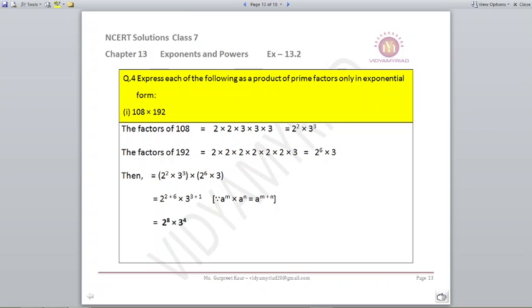Same way, the factors of 192 is 2 raised to power 6 multiplied by 3. Now all are multiplied, and we know that when we multiply and the base is same, we will add the powers, which means it becomes 2 raised to power 2 plus 6 multiplied by 3 raised to power 3 plus 1. So your final answer is 2 raised to power 8 multiplied by 3 raised to power 4.